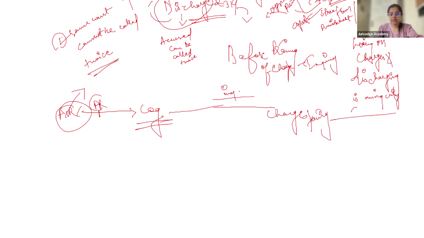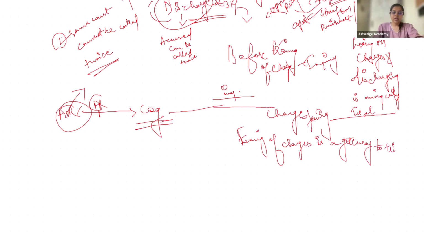So you can write that framing of charges is a gateway to trial. Now, between FIR and police report, this is clearly investigation. This is inquiry and this is trial.